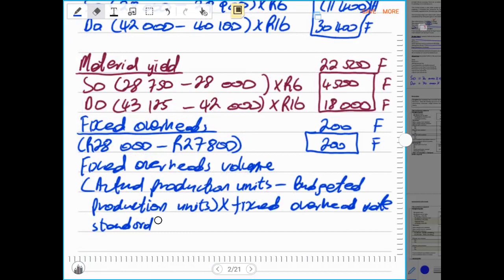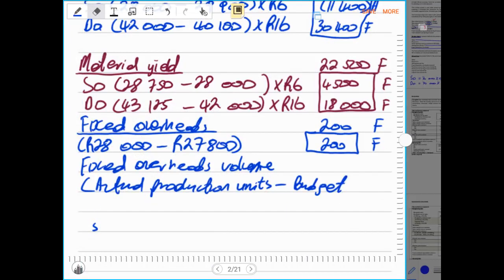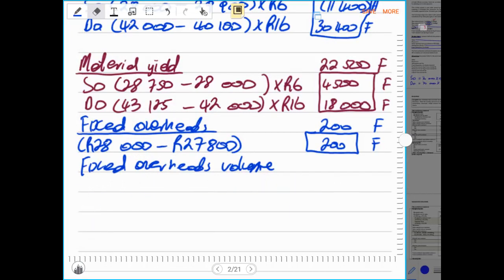So for space purposes, I just wrote it so that you can know what we subtract and what we add. It will be our production, and our actual production was 69,000 units. Let me check our production.